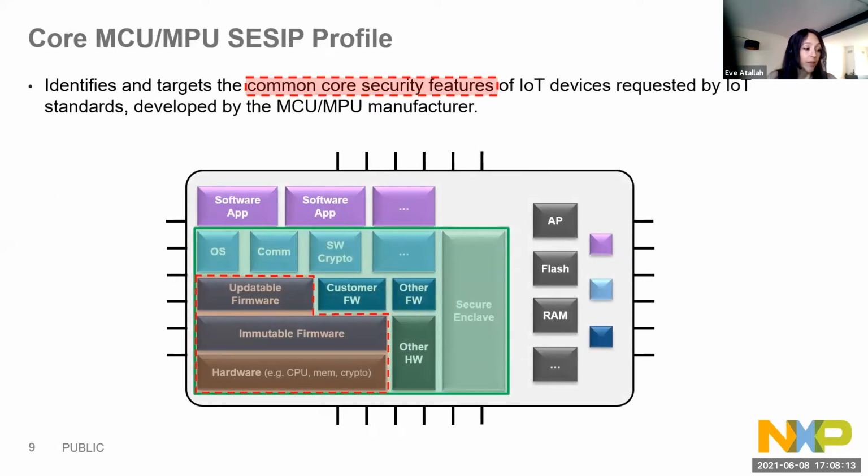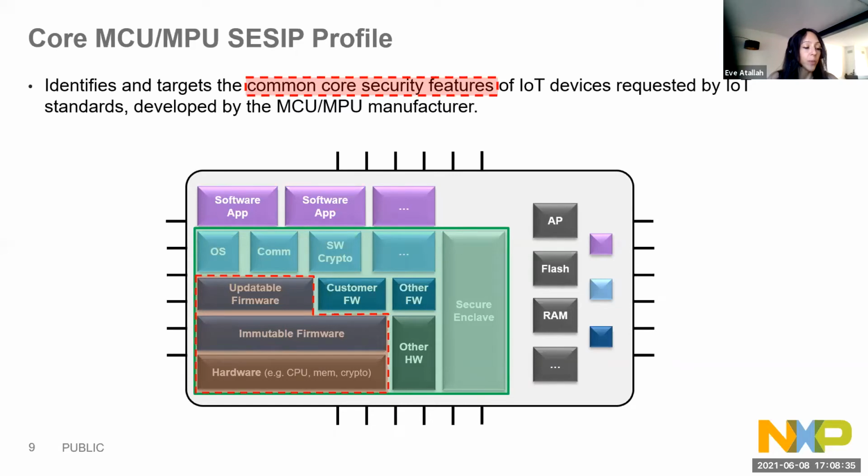That being said, the MCU/MPU SESIP profile in particular identifies those core security features to be implemented as the root of security for the full final IoT platform. So this list of core security features is not coming from nowhere, of course.